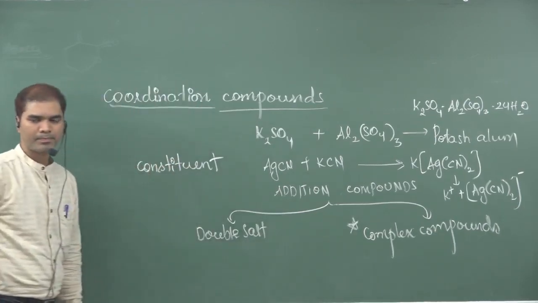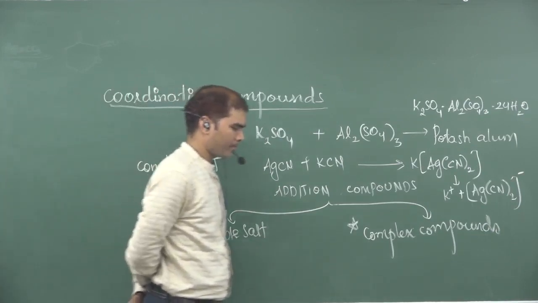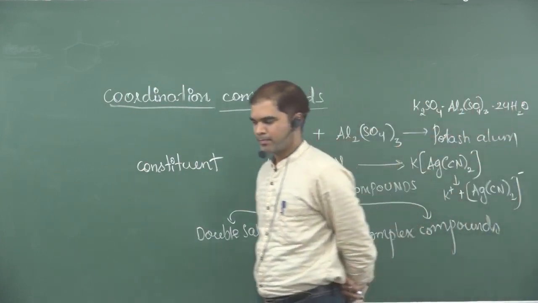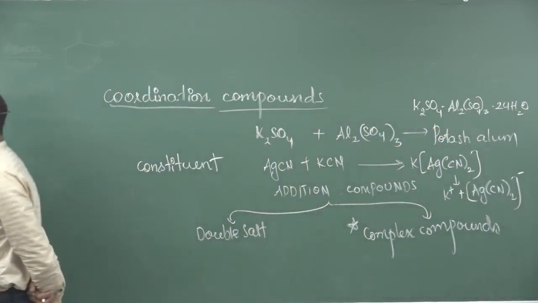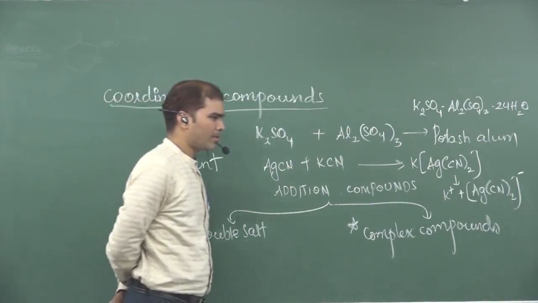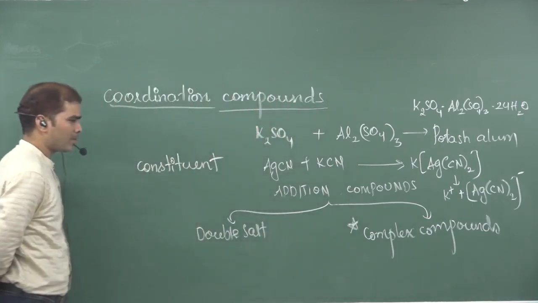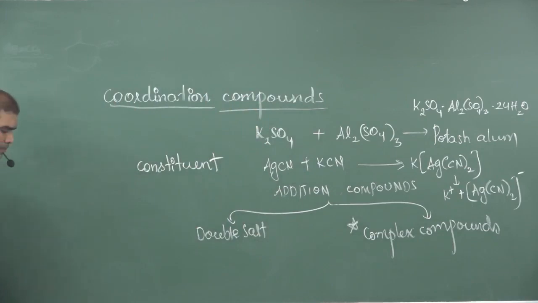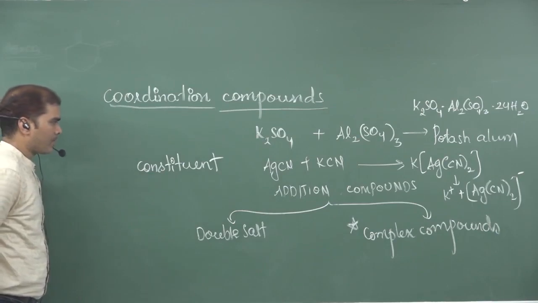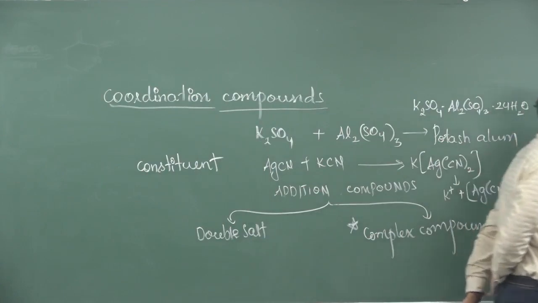Definition, complex compound: it is an addition compound which, when dissolved in a suitable solvent, does not provide all the constituent ions.